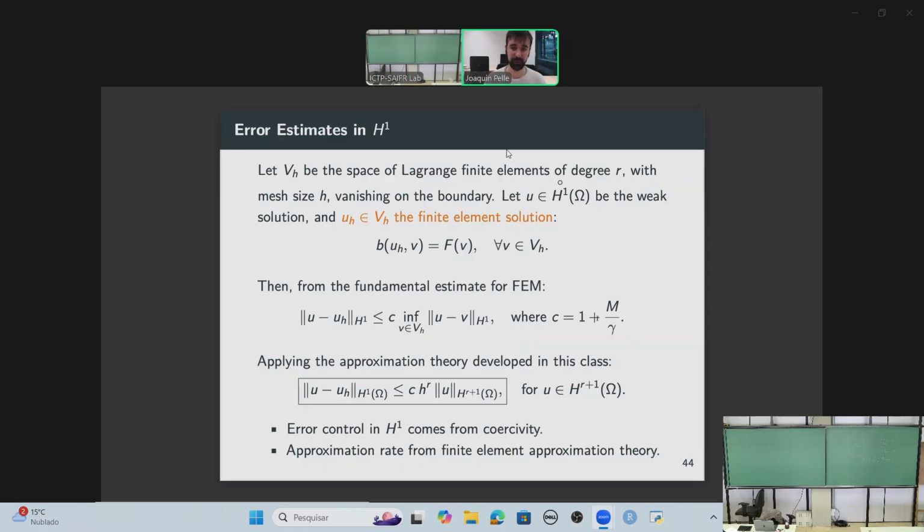So here we're just going to use this, but it shows how important the properties of the function b are.